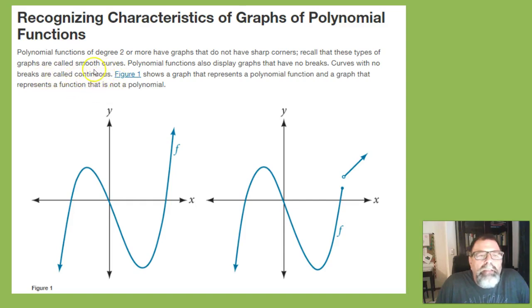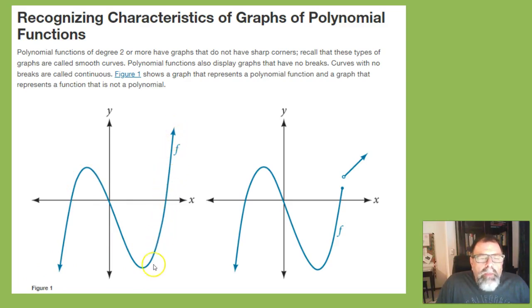Okay, so again, continuous. Figure 1 shows a graph that represents a polynomial function and a graph that represents a function that is not polynomial. This first one, f over here, well, they're both labeled f, but you can see this first graph is a smooth, continuous graph.